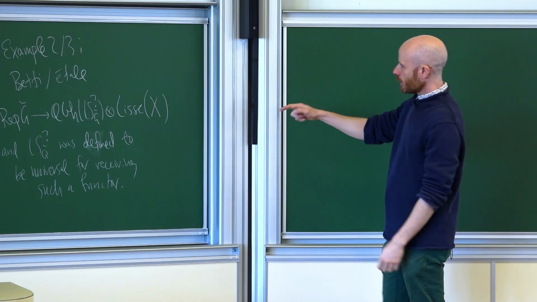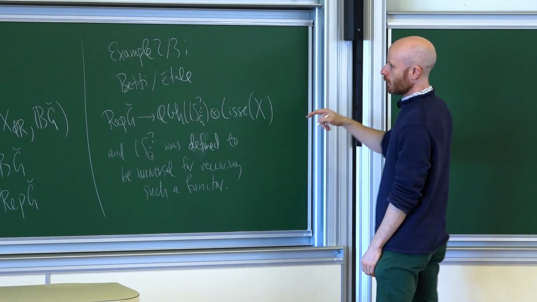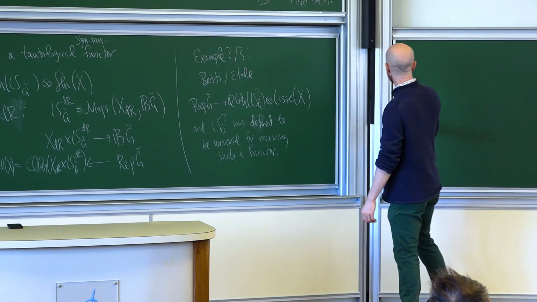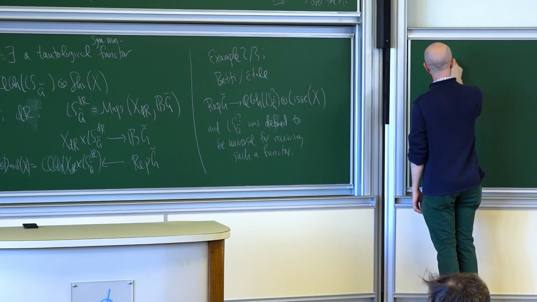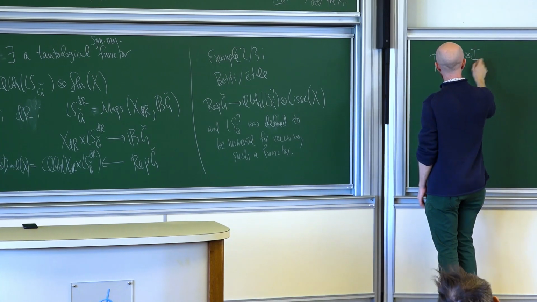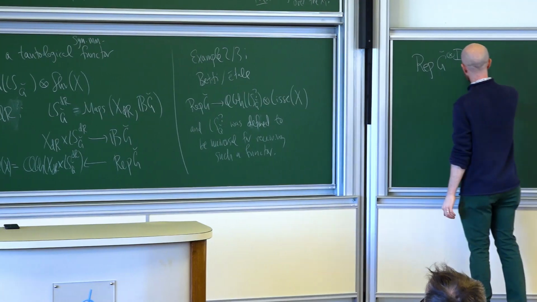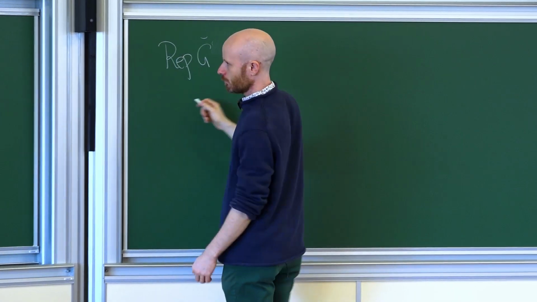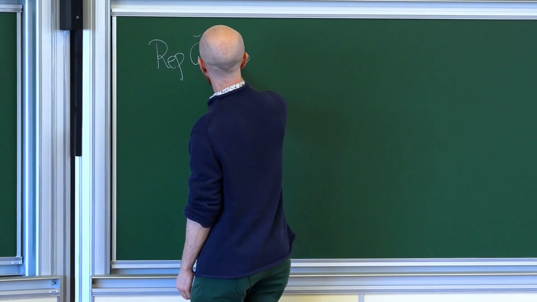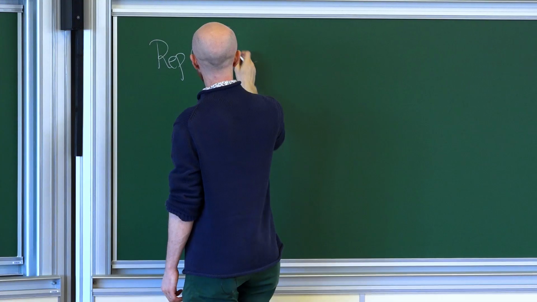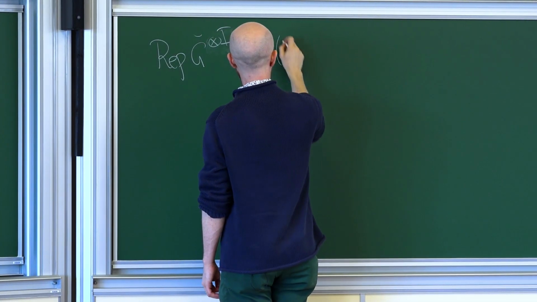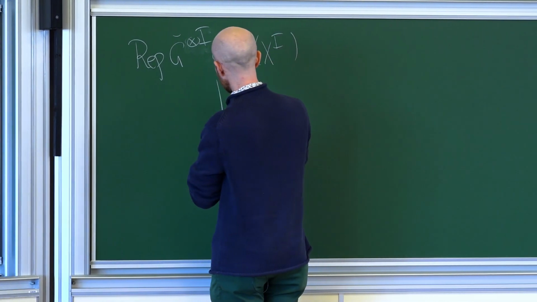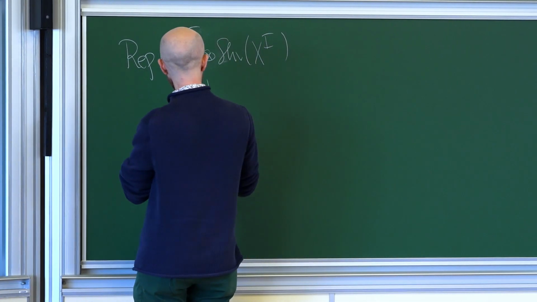Okay, so I have these functors, and then what do I do if I'm being very rigorous about everything? Well, if you give me an I-tuple of representations and a sheaf on X^I, now what I can do is map this.